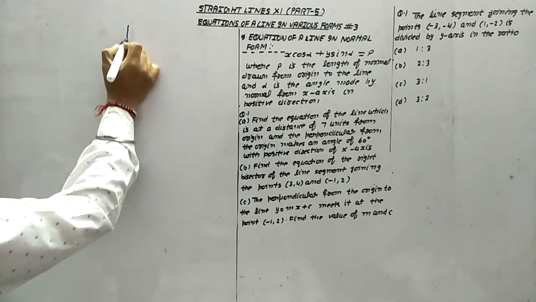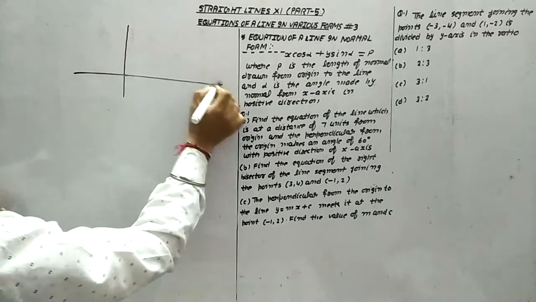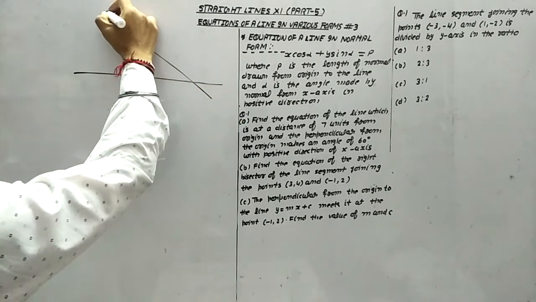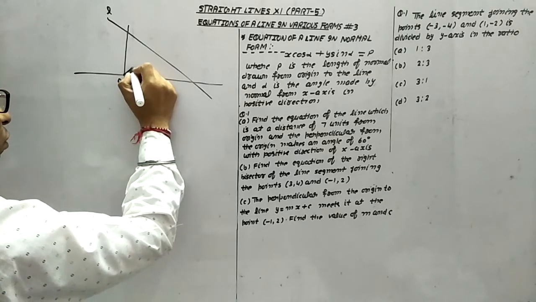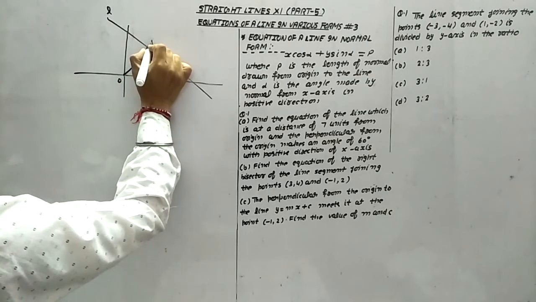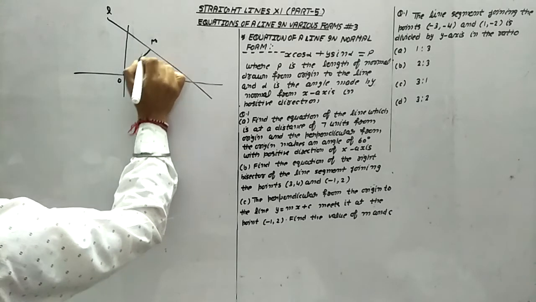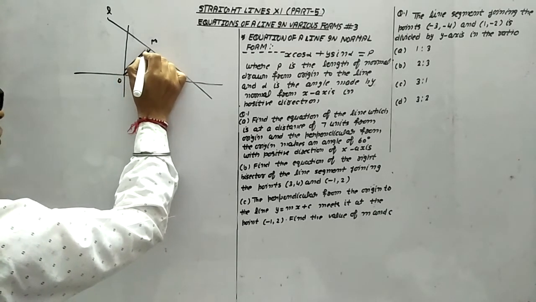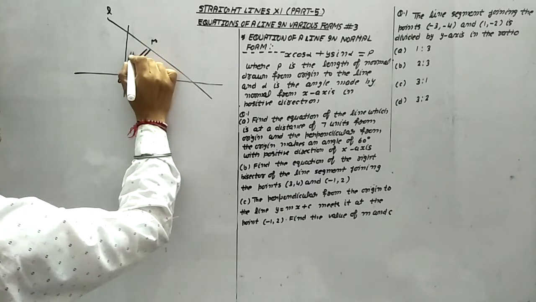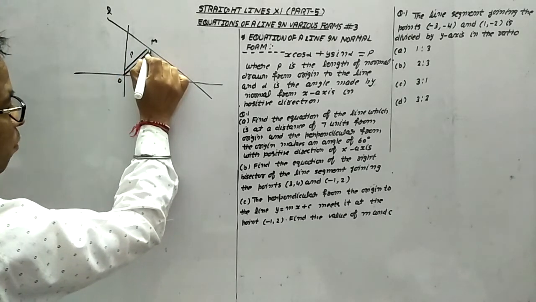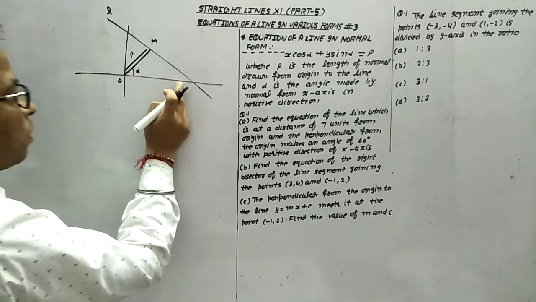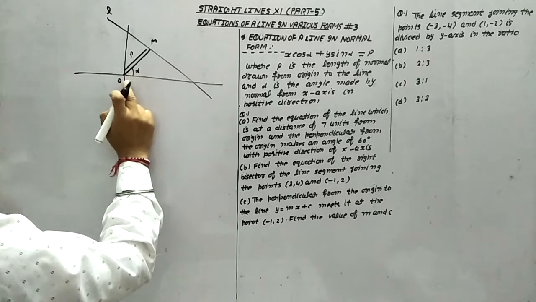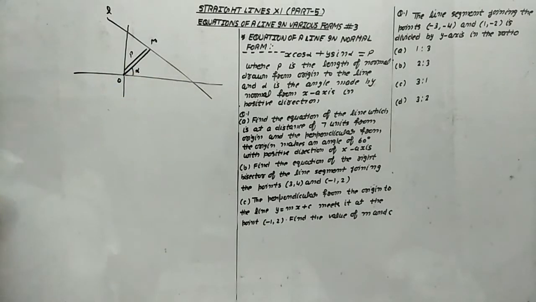Look at this. If we have to find the equation of this line L, for which the perpendicular drawn from the origin to the line, let us suppose this point is M, has length p, and this perpendicular makes an angle alpha with the positive direction of the x-axis in the anti-clockwise sense.